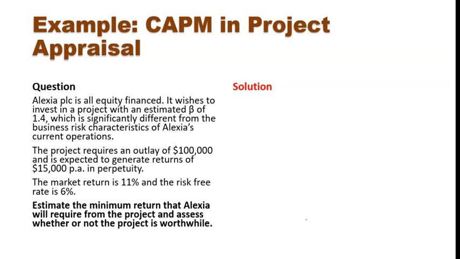So the required return ER is equal to Rf plus beta (Rm minus Rf). Remember, ER is just the same as KE or RE. Don't be dazzled by that.